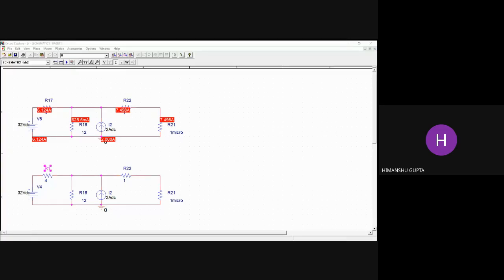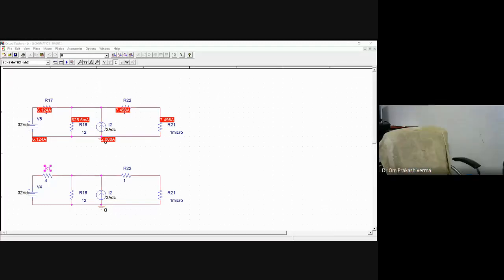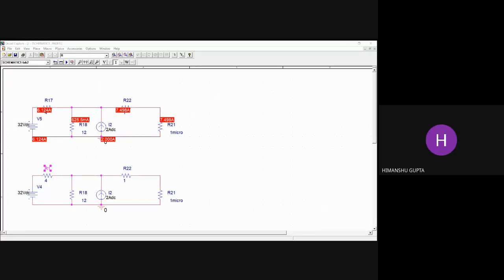So we use a very high value resistance while calculating VTH and very low value resistance while calculating RTH, so that we can get VTH and ISC current. And after that, by dividing these, we can calculate RTH. Okay, sir.